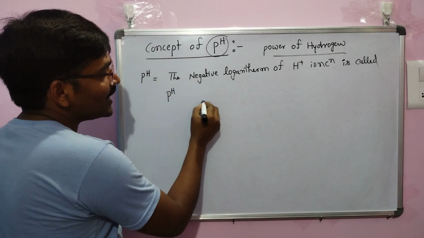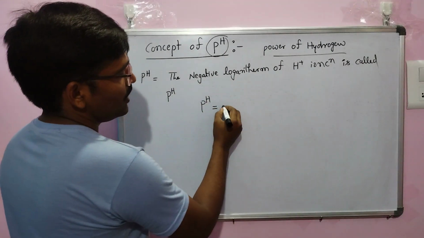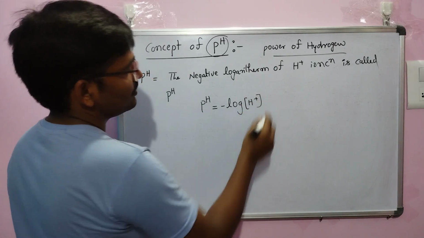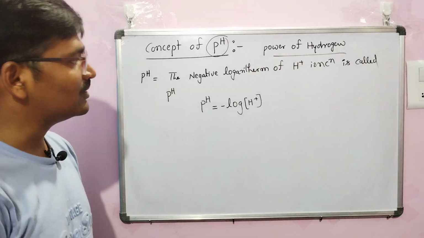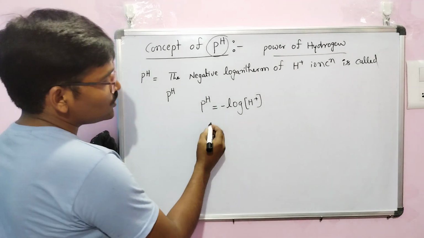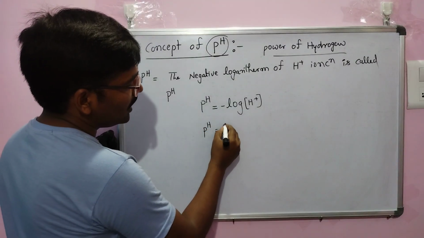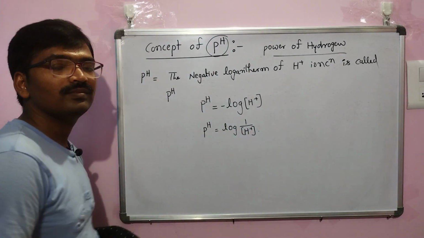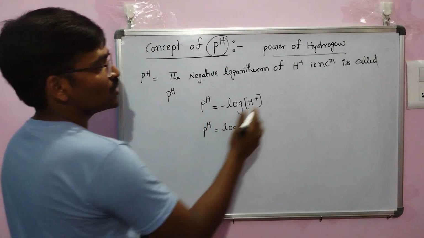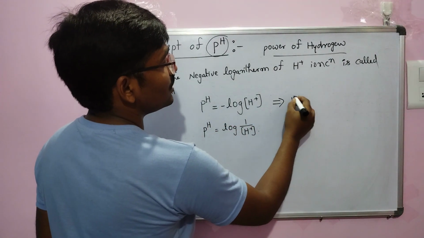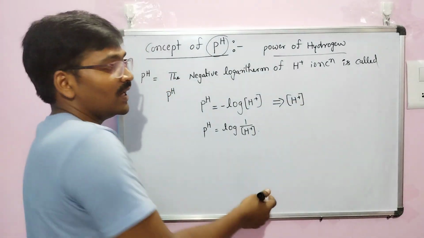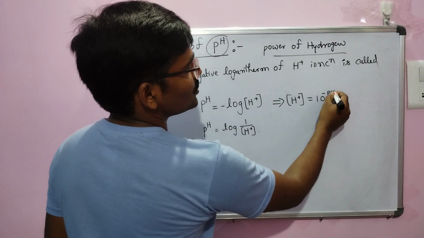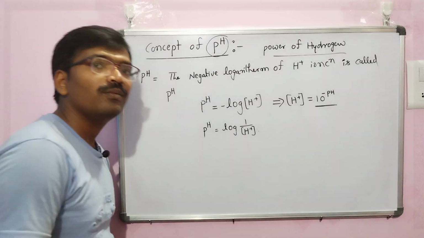We can also express it as pH equals log of 1 by H plus ion concentration. If you know the pH, then H plus ion concentration equals 10 to the power of minus pH.